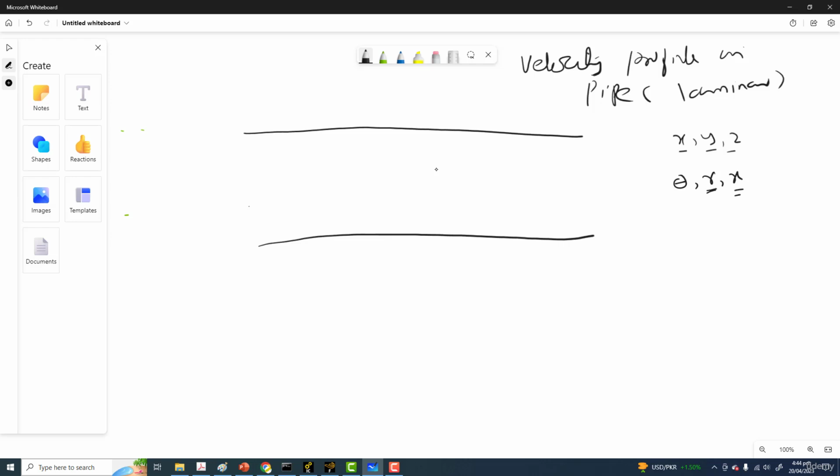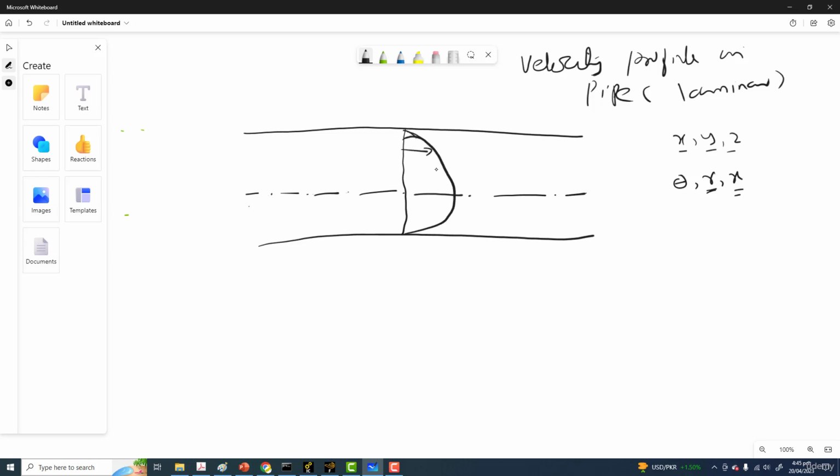So that's why I'm going to draw the axis here. Okay, and the velocity profile is parabolic in nature. We will confirm this after derivation. So we have the velocity at this location, and this is following the parabolic velocity profile.